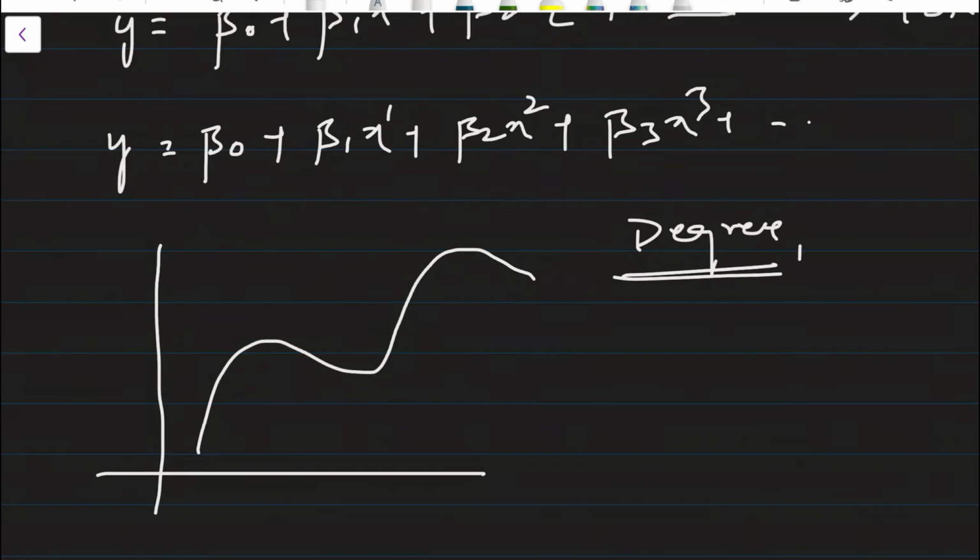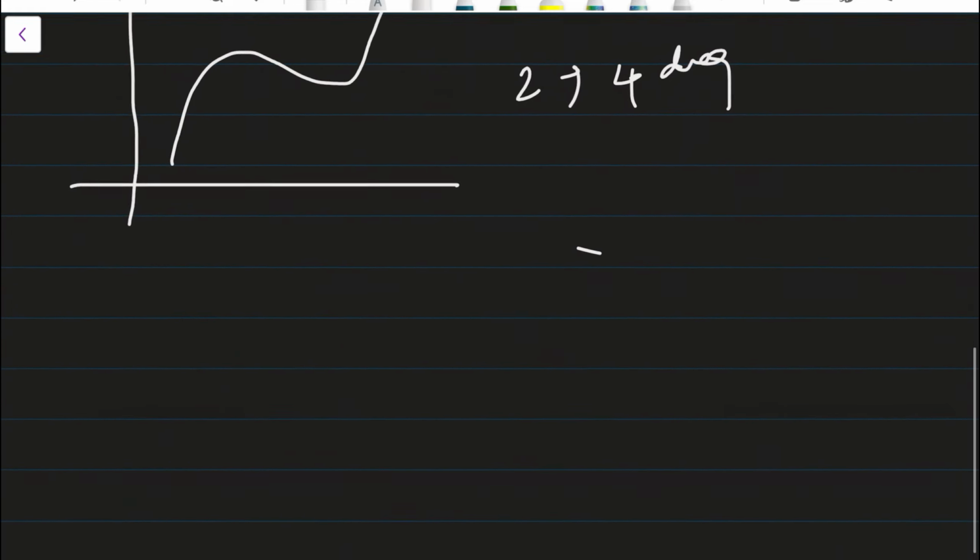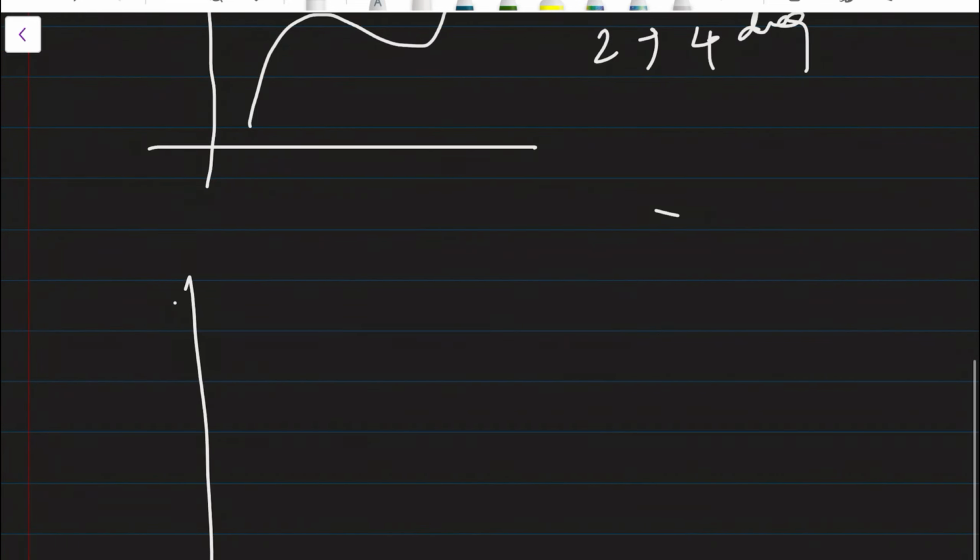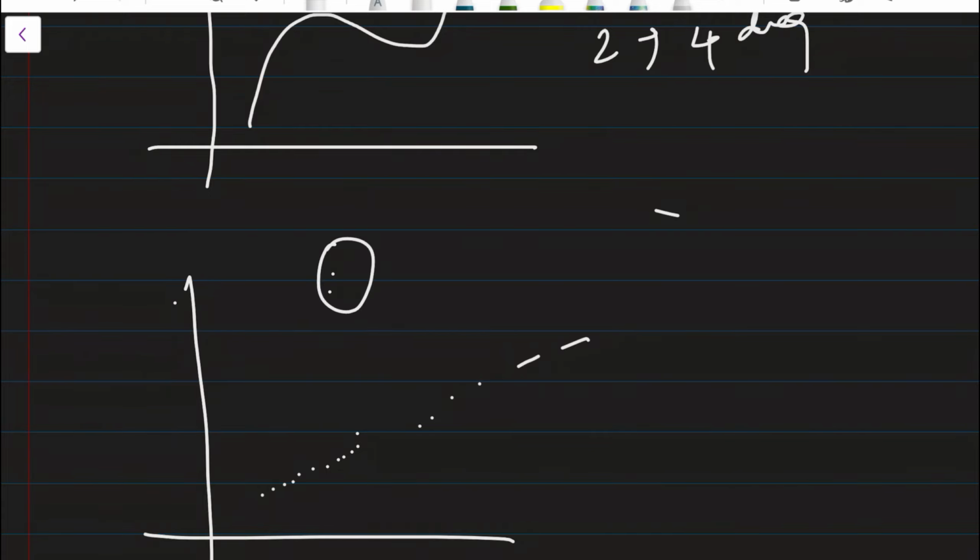Let us suppose a data set needs a 2 degree polynomial, but if we use 4 degree in place of 2 degree, then it overfits, right? Let me show you a visualization. These two are the outliers, right?